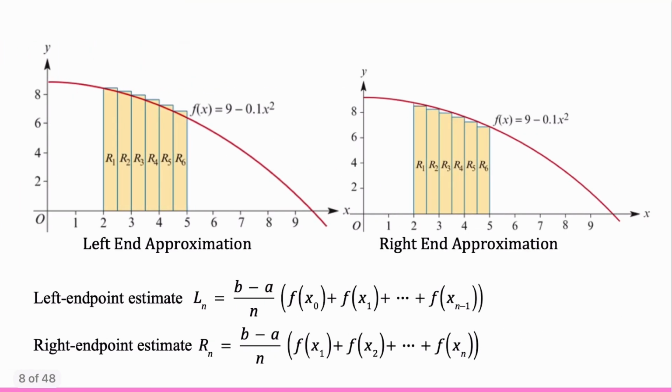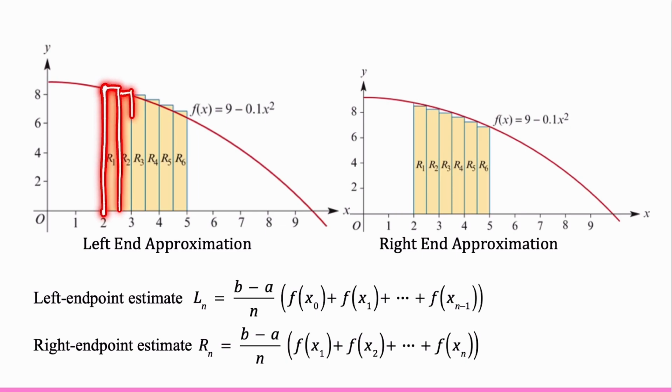So in general, what we can do to be able to find an approximate area under the graph is to draw lots of little rectangles and be able to add these areas up. Generally, when we have a left endpoint approximation, whatever the x value is, that becomes the left-hand side of my rectangle.